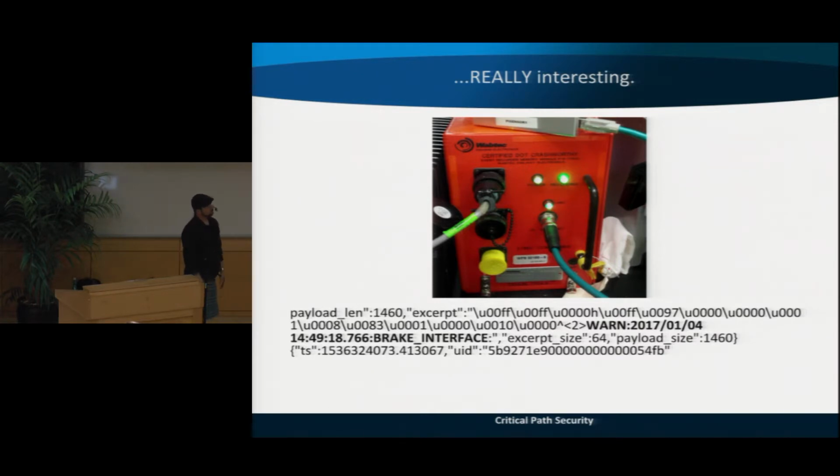Here's the brake interface. Here's a warning. So we talked about new breeds, but let's talk about old ones before we get to the new ones. When you're dealing with trains, when you're dealing with airplanes, when you're dealing with cars, still, with CAN bus, most of that traffic is still using protocols that were cutting edge 25 years ago. They're subject to replay attacks.